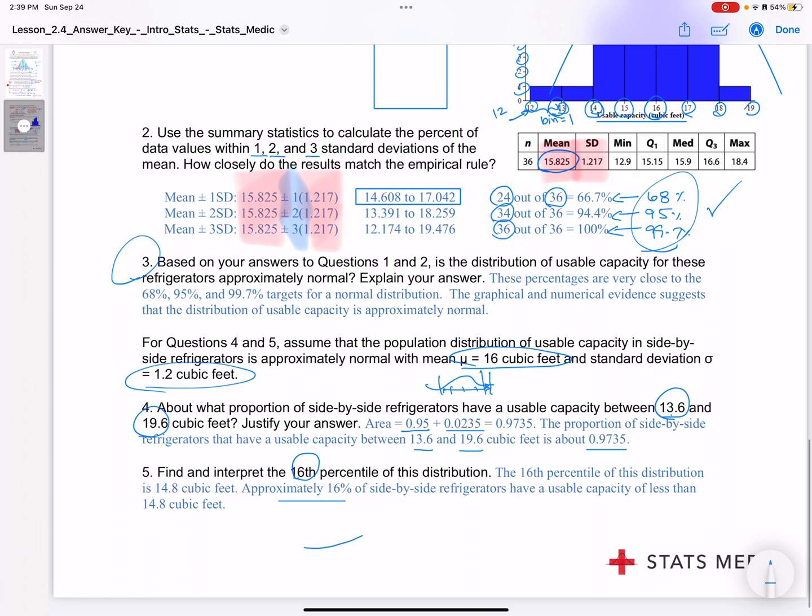So if you drew your normal model out, the center is 16, and then this is going to be 14.8, this is going to be 13.6, and this is going to be 12.4. For the 16th percentile, well, remember, we know that 68 is in here, and 16 is out here, and 16 is out here, because 16 plus 16 plus 68 is 100. And so that's how we got the value of 14.8.